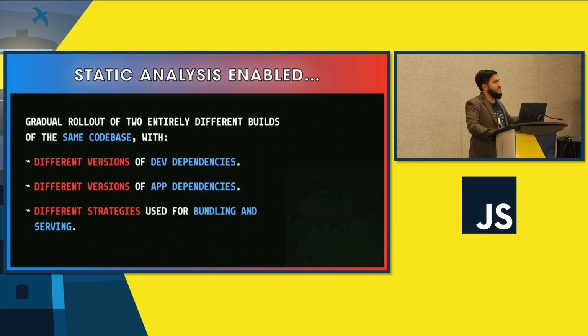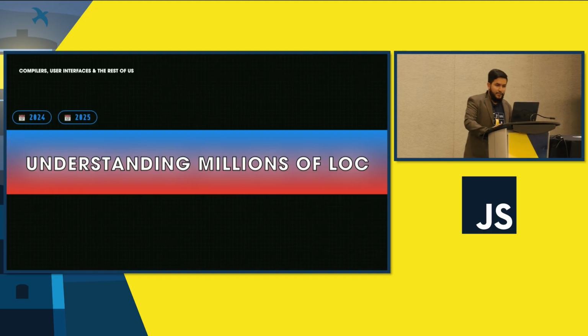We would all commit to the same code base, but it would bundle two entirely different versions of it, and you could toggle on and off a feature flag to decide which version of the app you wanted to use.